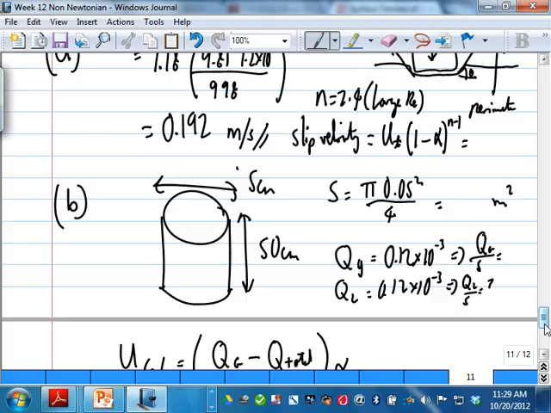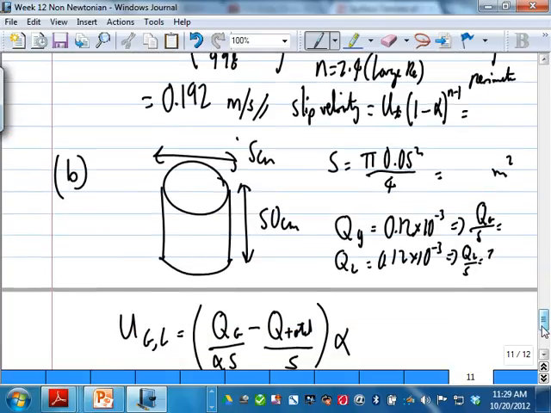I automatically assumed we needed to find alpha before we could find all these things. But since alpha is given, you don't need to do the plot, so you can straight away find slip velocity. You can also find this one. This is the UGL, the velocity flux of the gas minus the average velocity of the whole system.